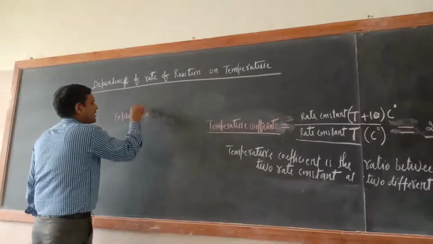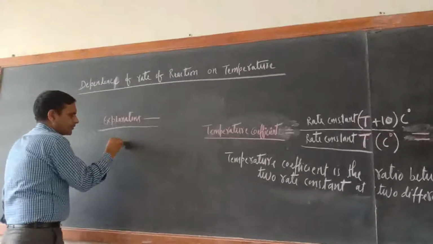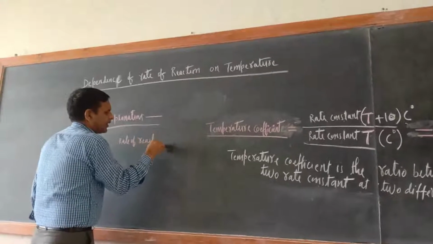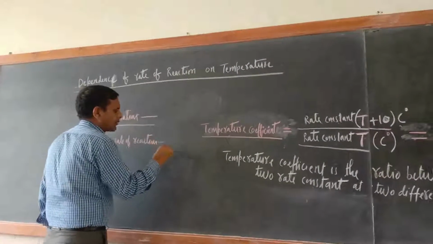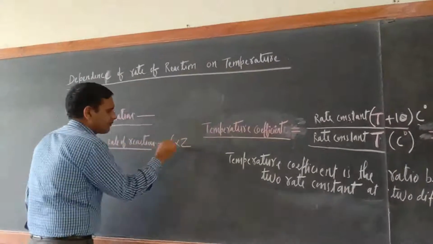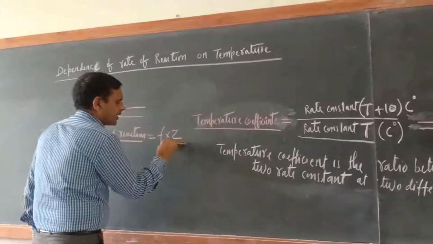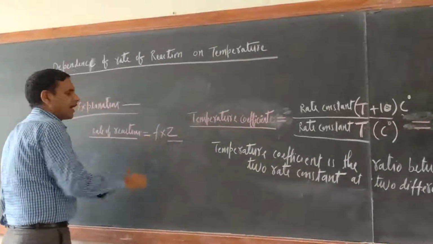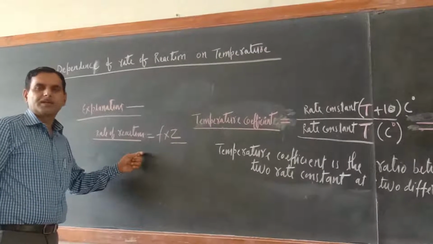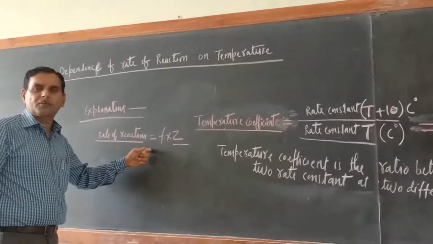When we raise the temperature, generally rate of reaction is equal to F into Z. Means rate of reaction depends upon two things, F and Z. Z is collision frequency, and F is the fraction of the molecules capable of making effective collision.